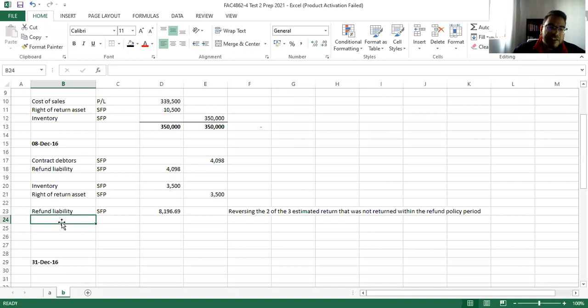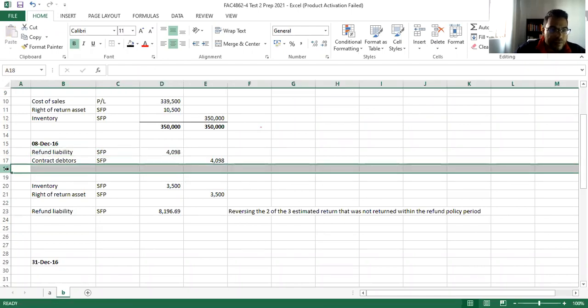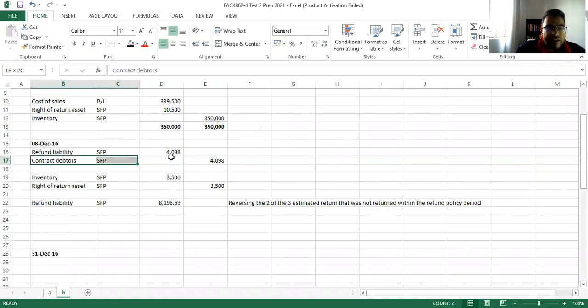Now, the question is, what is the credit? Over here, we credited contract debtors. Why could we credit contract debtors?